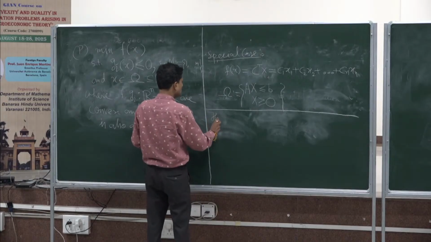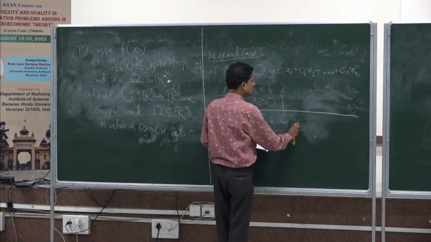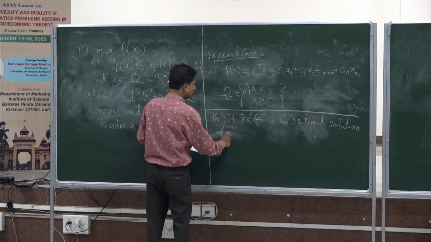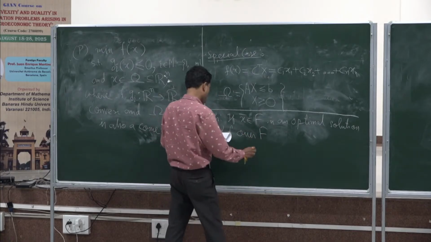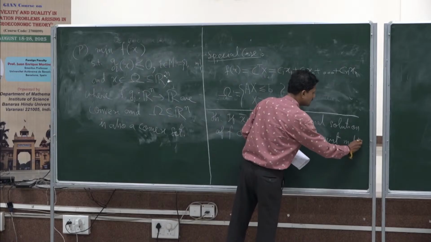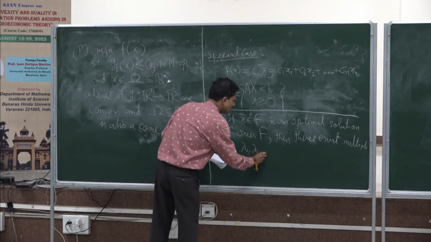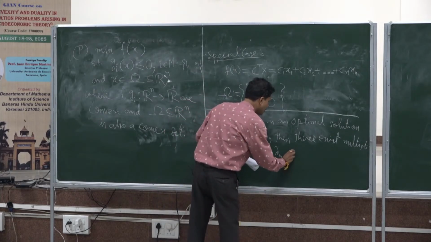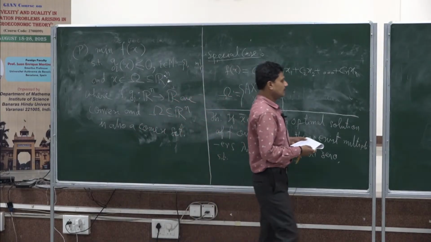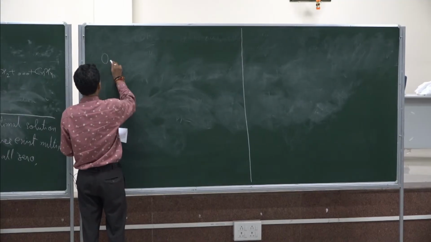We have seen this result: if x bar in capital F, which was the feasible region, is an optimal solution of this objective function over the feasible region F, then there exist multipliers lambda naught, lambda 1, up to lambda m, not all 0, right?